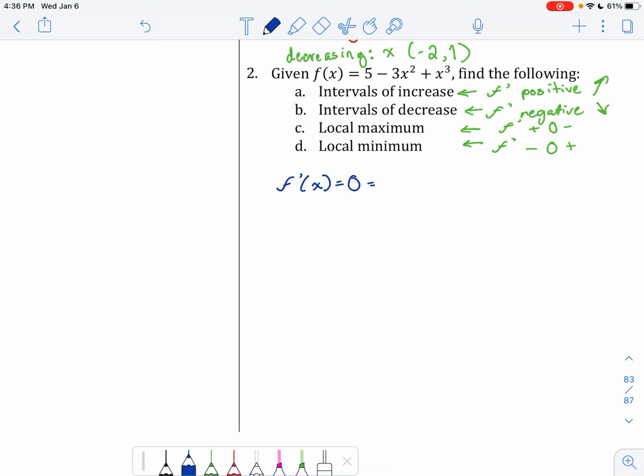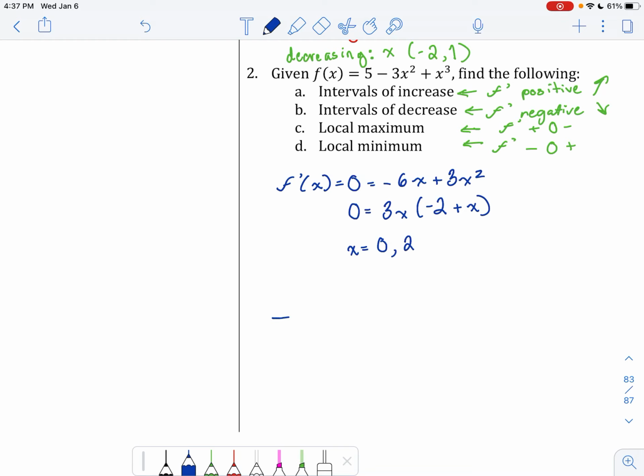Now in this case, the derivative is just a nice polynomial, 5 becomes 0, so then -3 times 2, which is 6x, plus 3x squared. Solving for 0, I'm going to factor. So I'll say 0 is equal to 3x times -2 plus x. So our critical points are at x equals 0 and 2.